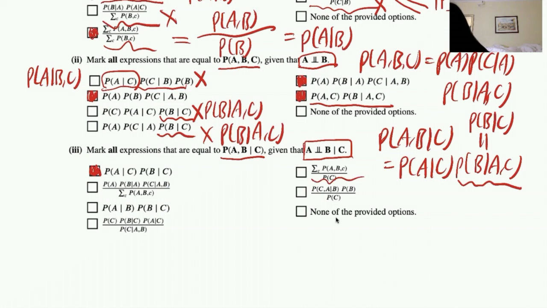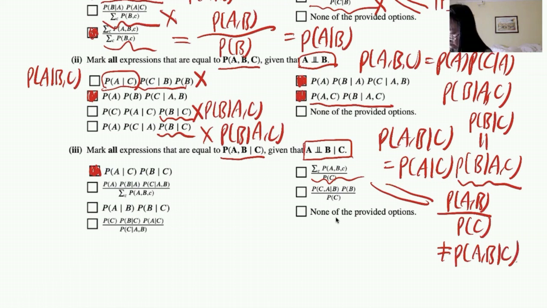The second choice is equal to the probability of AB divided by the probability of C. Without additional assumptions, this is not equal to the probability of AB given C. Another way to compute the probability of AB given C is according to the definition of conditional probability.